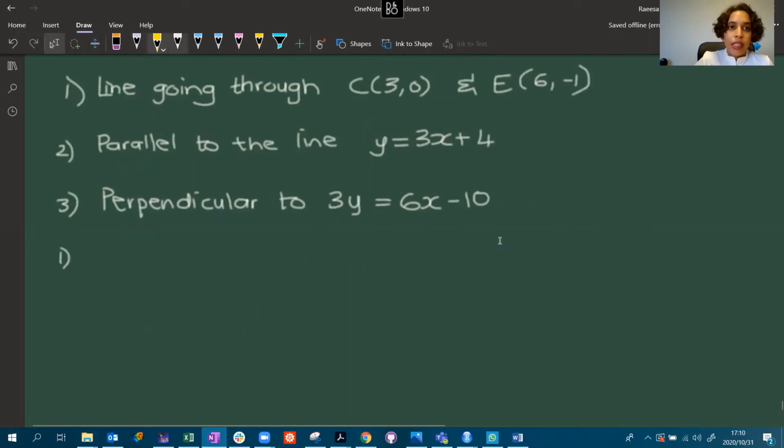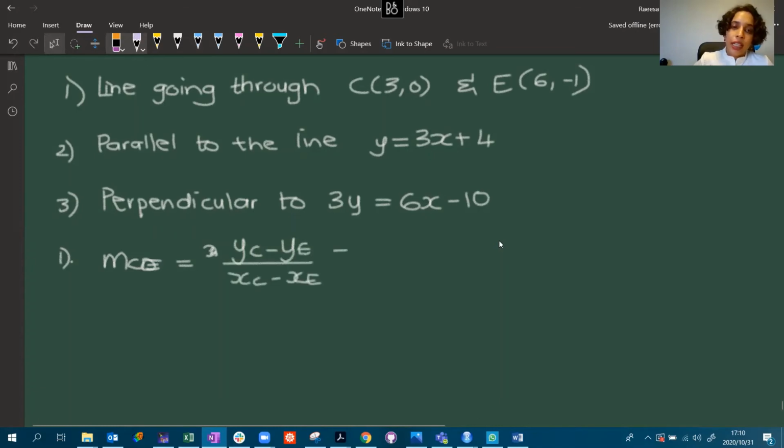Our formula is the gradient of CE is equal to YC minus YE over XC minus XE.